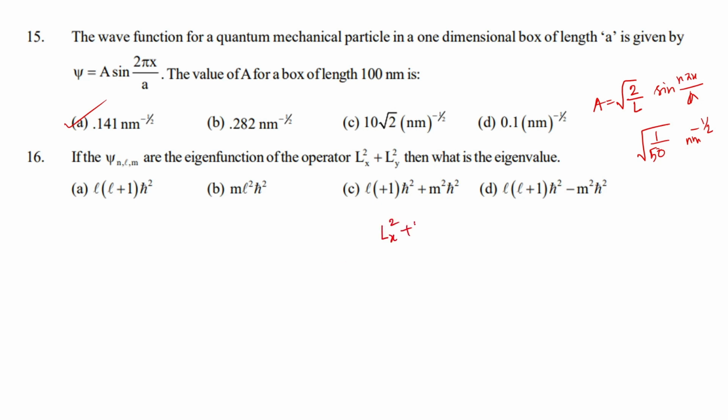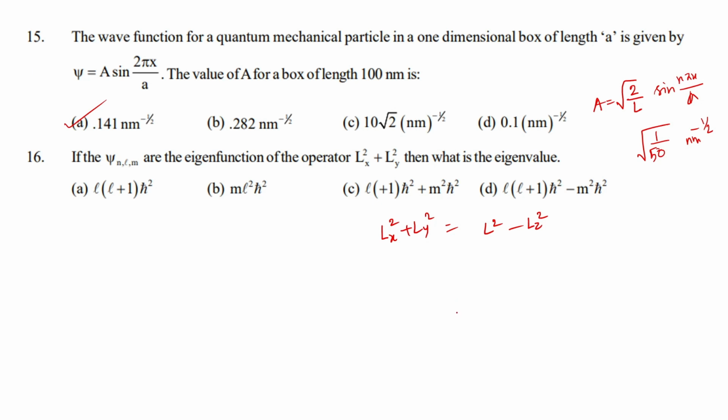See, Lx square plus Ly square is nothing but L square minus Lz square, right? The square of the total angular momentum is the sum of the squares of each of the components. So I'm just taking Lx square plus Ly square is equal to L square minus Lz square.